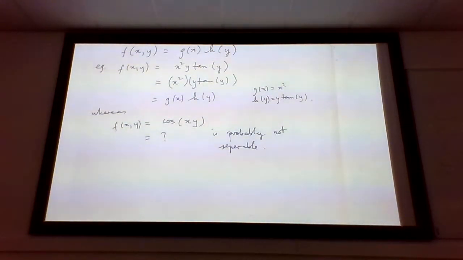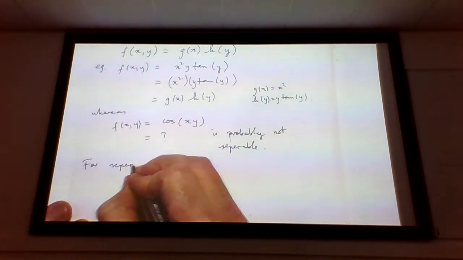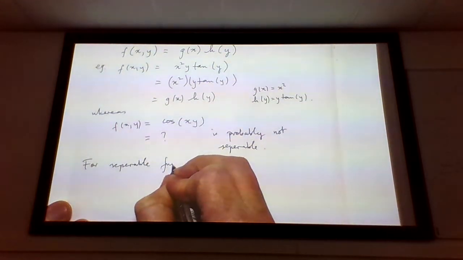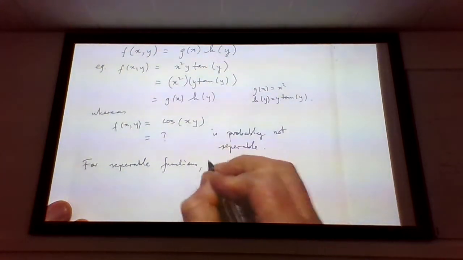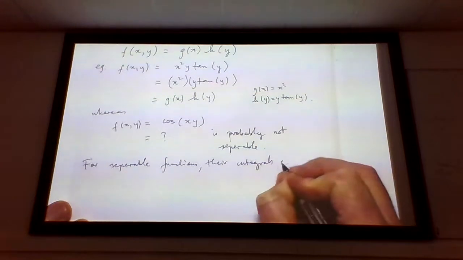Integrals. But anyway, the remark we want to make is that for such functions, for separable functions, their integrals separate as well.